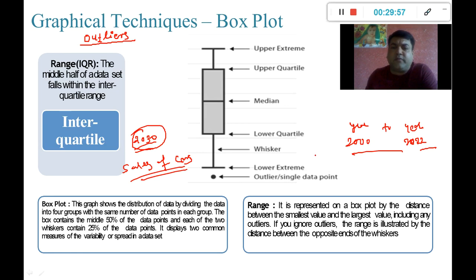Now, all of a sudden, you will find that from 2017, 2018, 2019, 2020, the sale of cars is taking a dip, it's going down only. Why is it happening? Then you will come to know that in one year the GST implementation happened, in one year the demonetization happened.